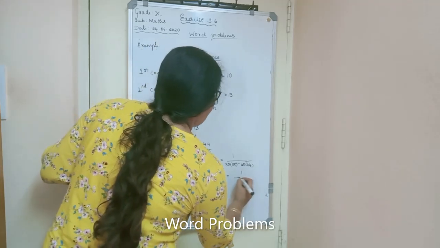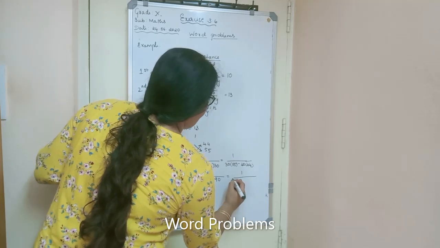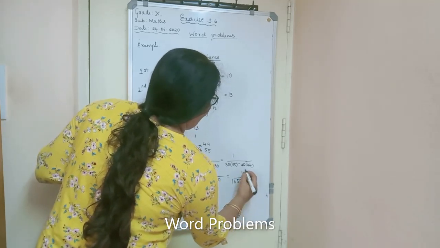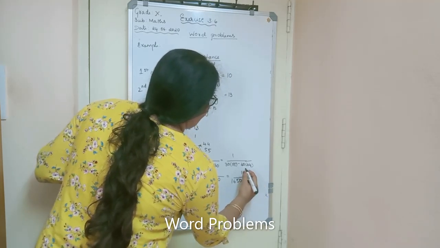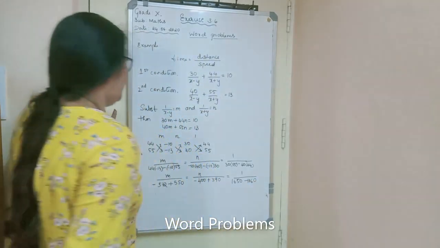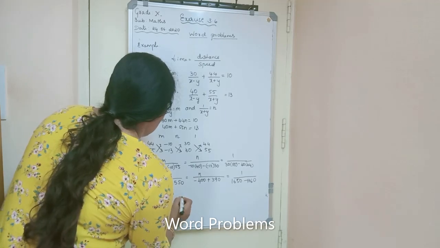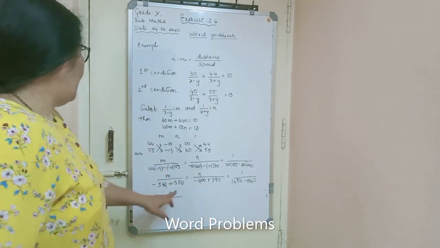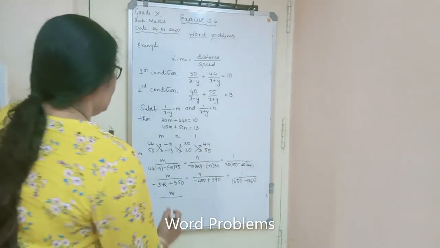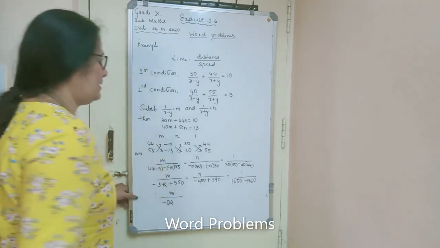equals to 1 upon 5 3s are 15, 4 4s are 16, plus 1 17. Okay, now simplify, m divided by, now 572 minus 550, so it is 22, minus 22.